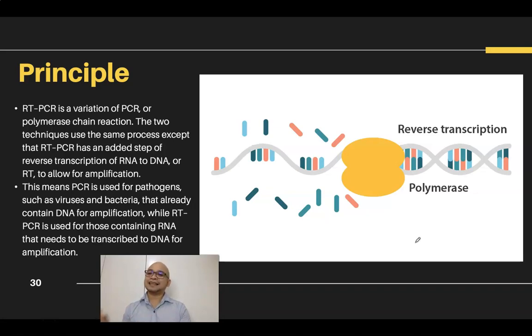So this means that PCR is used for pathogens such as viruses and bacteria that already contain DNA for amplification, while RT-PCR is being used for those containing RNA that needs to be transcribed to DNA for amplification. So since coronavirus is an RNA virus, you have to convert it first to DNA before you can actually amplify it. Okay, so that's the principle of RT-PCR.